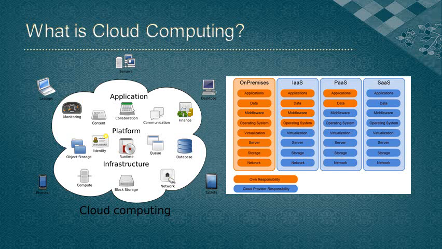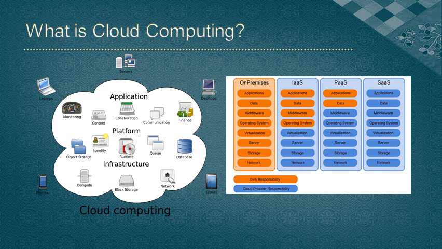First, public cloud. A public cloud is a cloud computing model in which services such as applications and storage are available for general use over the internet. Second, private cloud. A private cloud is a virtualized data center that operates within a firewall.